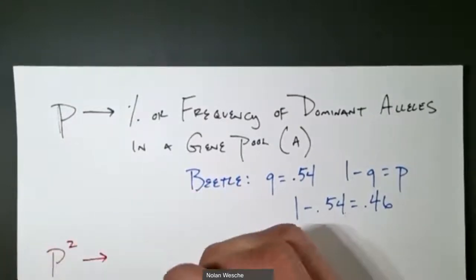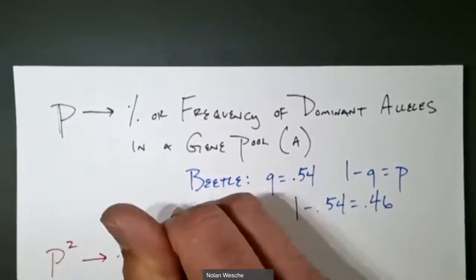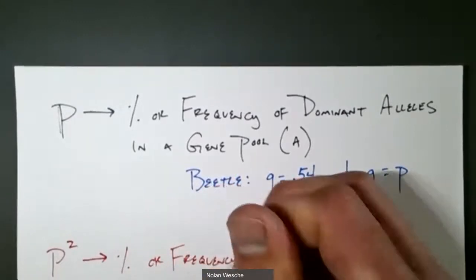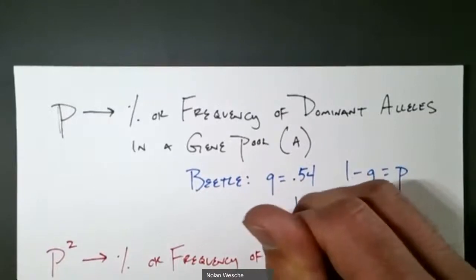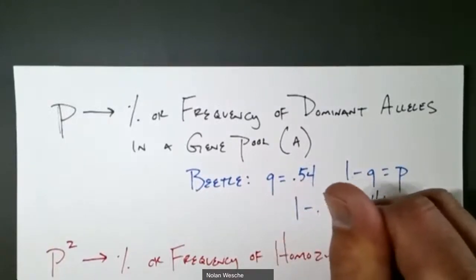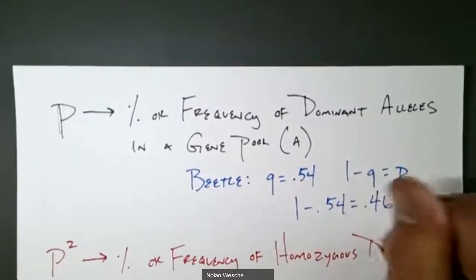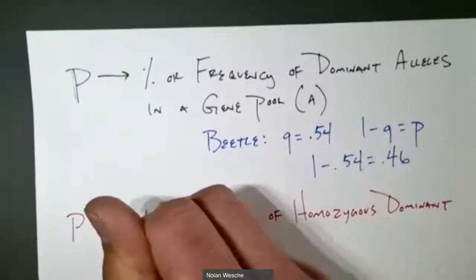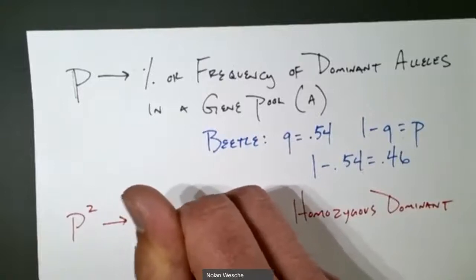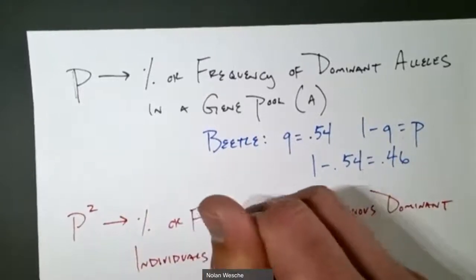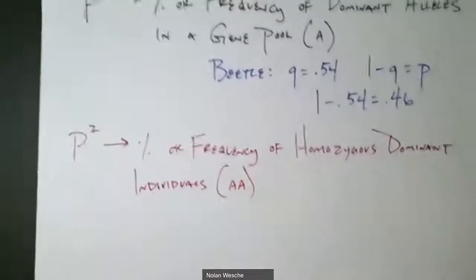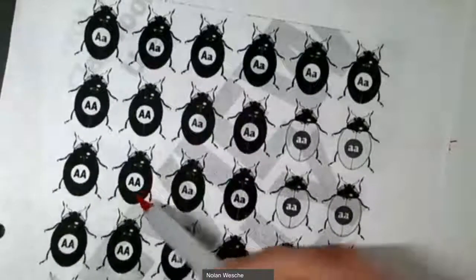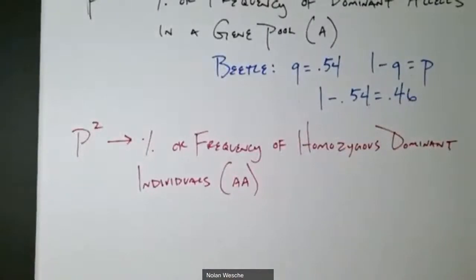P squared. That's going to be the percent or the frequency of the homozygous dominant individuals. That's big A, big A. So that's going to give me the percentage of individuals that are like this genotype, right?